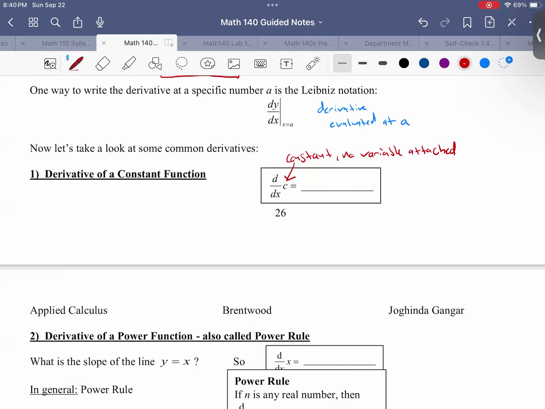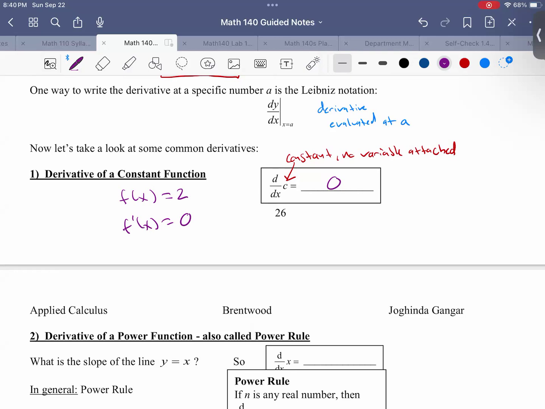What that will always be is just zero. Derivative of a constant is just zero. For an example, let's say my function is two, and I want to find the derivative of that. Well, two is just a constant, so this becomes zero. My derivative is just zero. So don't overthink it. Derivative of a constant is zero.